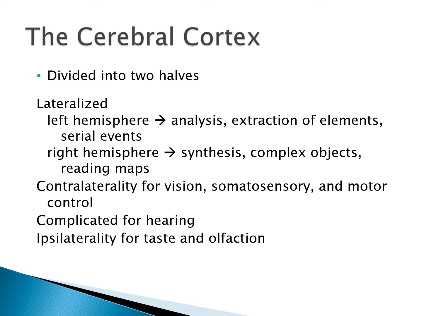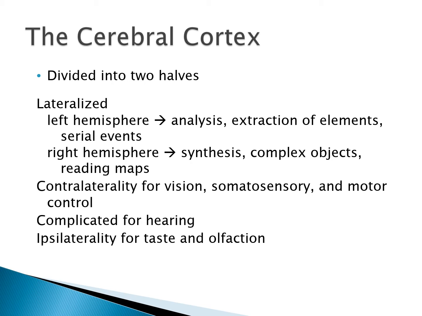We also have our language there, pattern recognition for language, which is very detailed, and our grammar and syntax on that side. The right hemisphere is more about larger concepts, this synthesis of information.